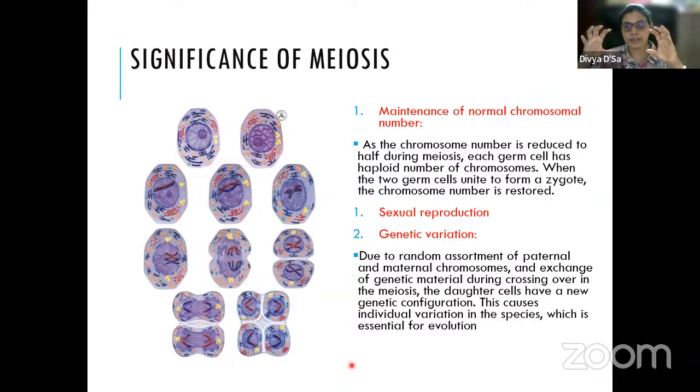So because of that, the daughter cells have a new genetic configuration. It is mixed up. It is not like only two separated and one joined. They have crossed over, they are mixed up. The genes have been mixed up in that. So this causes individual variation in the species. Even if they are of the same parents, the siblings, they differ, isn't it?